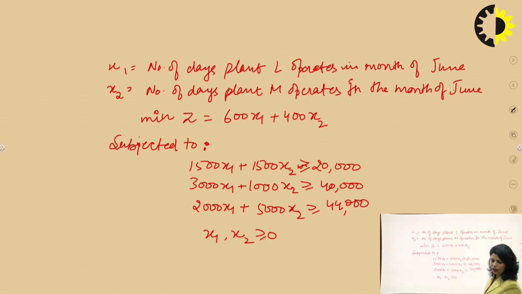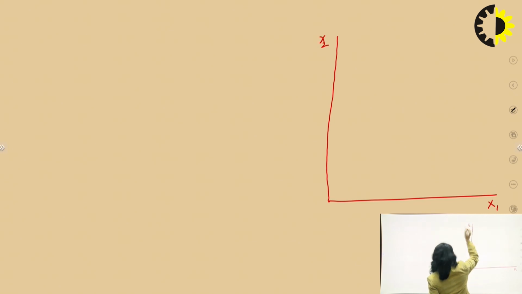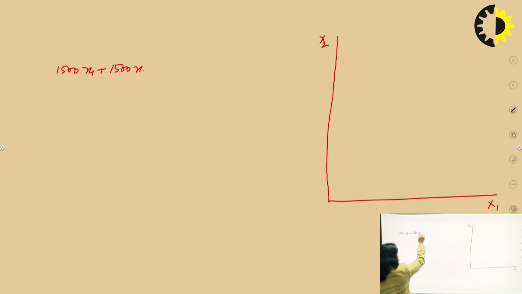After that, what we will do, we will plot these lines on the graph. So for example, this one is our graph, this one is x1, this is your x2. First we will convert the constraint into an equation, 1500 x1 plus 1500 x2 equals 20,000.